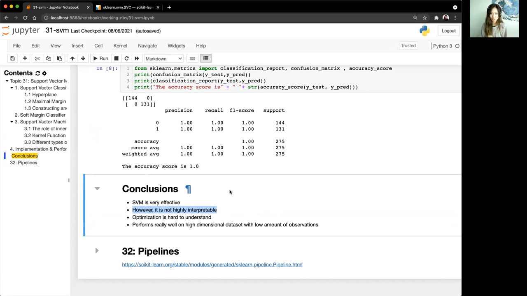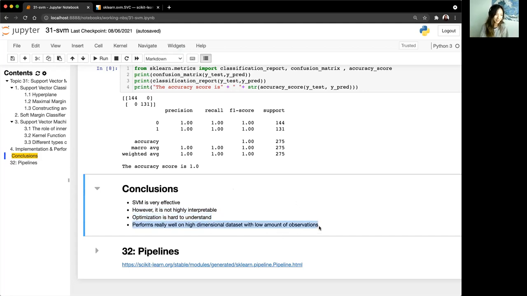It's not as directly interpretable as something like feature importances, where it literally tells you this is the important feature because it reduces this percentage of the entropy that we had in our data to begin with. The optimization is also hard to understand. The optimization in terms of creating the plane, that's easy, but the way that you have to use the kernel trick to increase your number of dimensions, that's very difficult to understand.